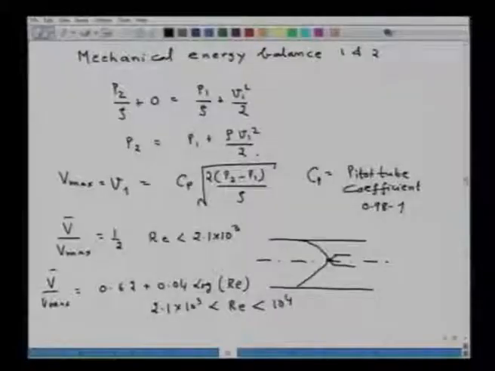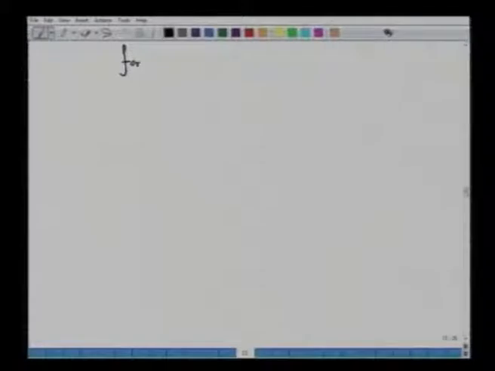Now, this particular expression is valid for low velocities of air. For higher velocities of air, say greater than 60 meter per second, the compressibility also comes into the picture.